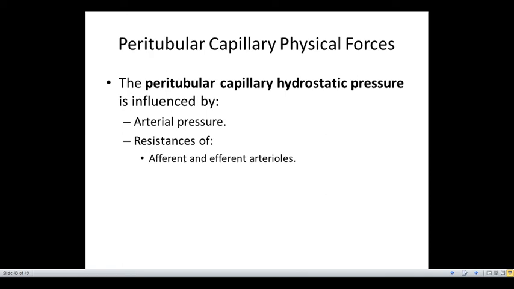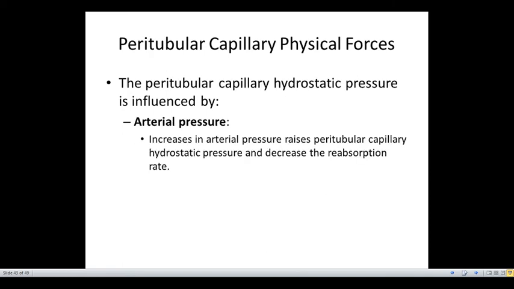So let's study these factors one by one. First, the arterial pressure. Increases in systemic arterial pressure raise the peritubular capillary hydrostatic pressure and therefore decrease the reabsorption into the peritubular capillaries.